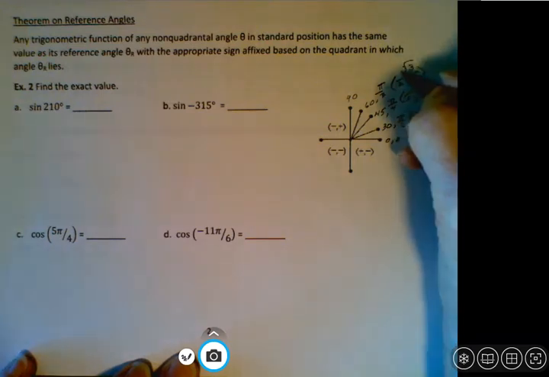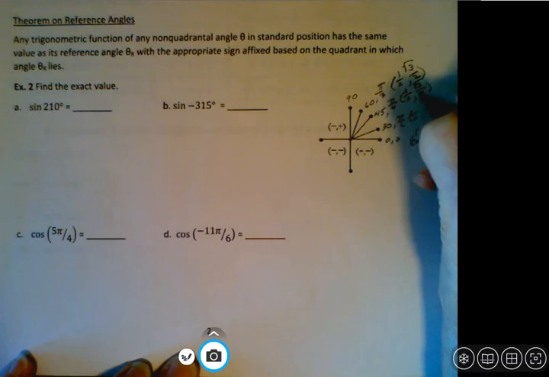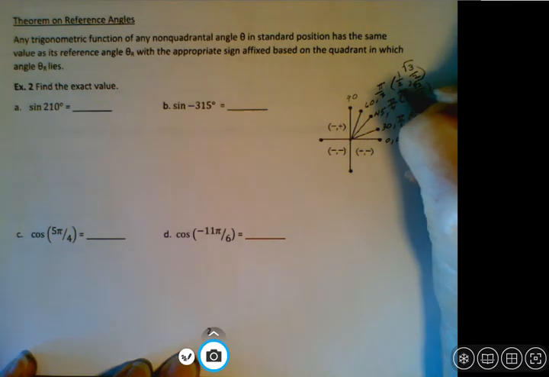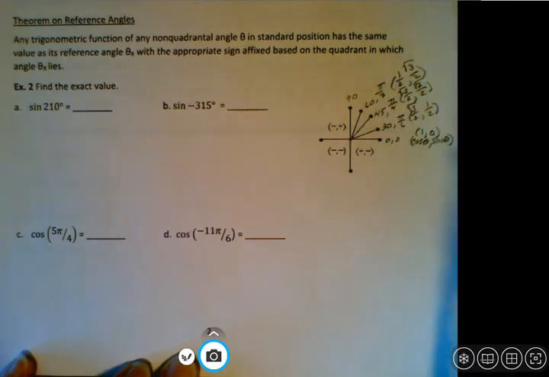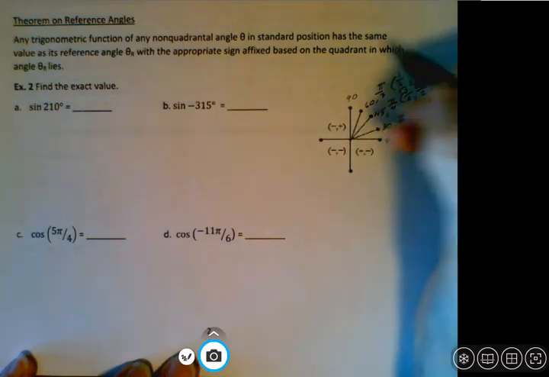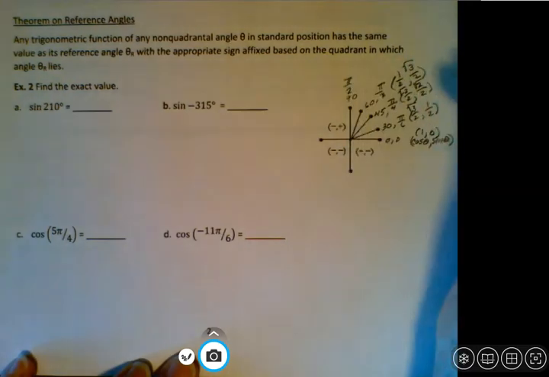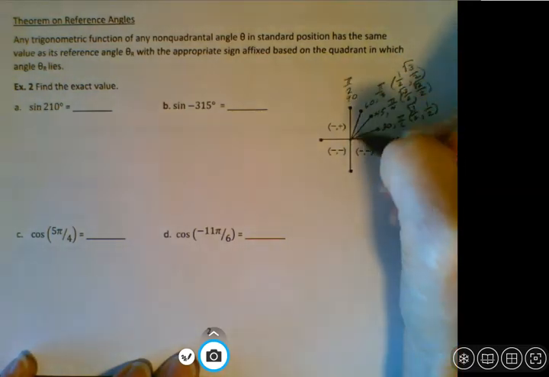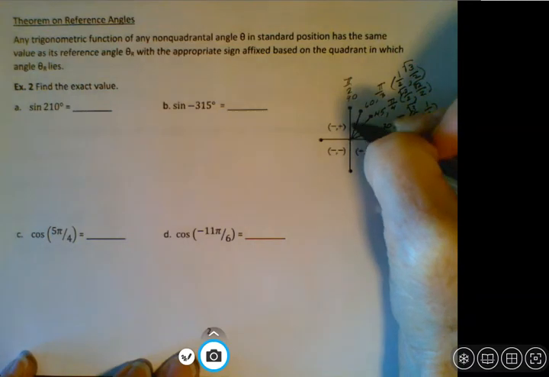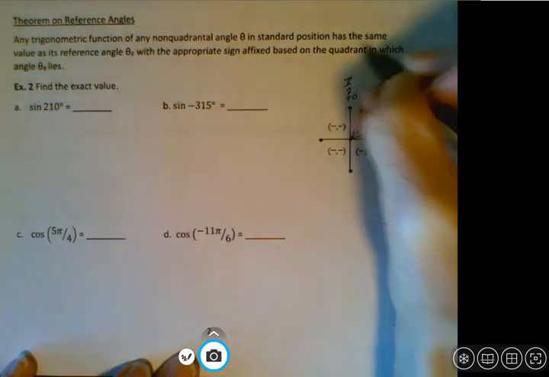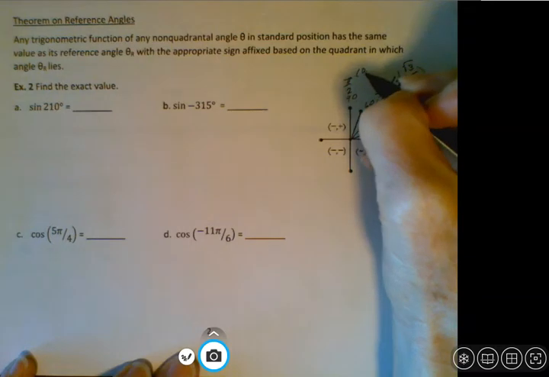Coming down with the x's, 1, 2, 3, and then our square roots. Okay. And of course up here we have pi over 2. And our cosine being 0 and our sine being 1.